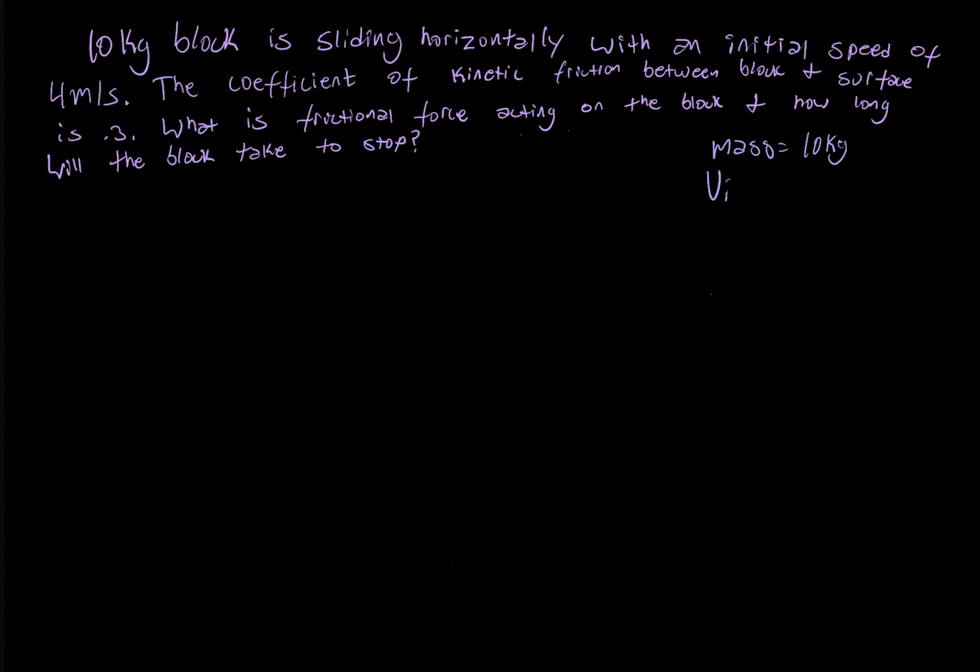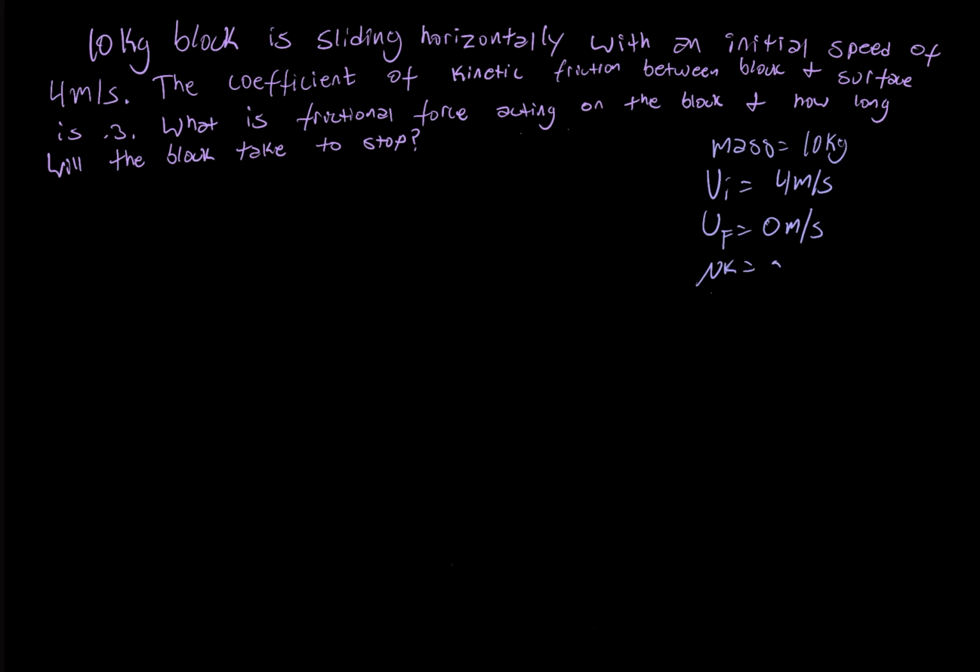Its initial velocity is 4 meters per second. And it does come to a complete stop, so our final velocity is 0 meters per second. And the coefficient of kinetic friction is 0.3.